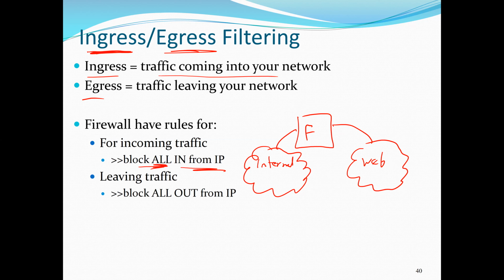This is more generic actually, just saying block all in from IP. It represents that whenever you write rules, you're specifying direction. For traffic leaving, you could do something like block all out from IP. Those are ways to start writing rules.